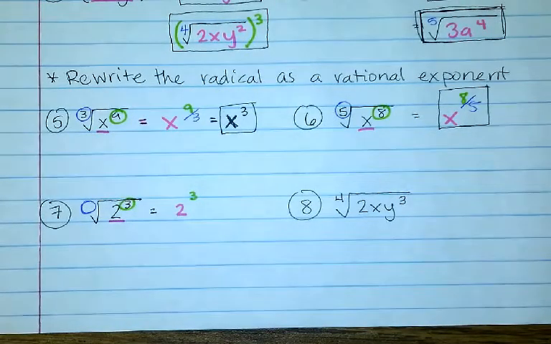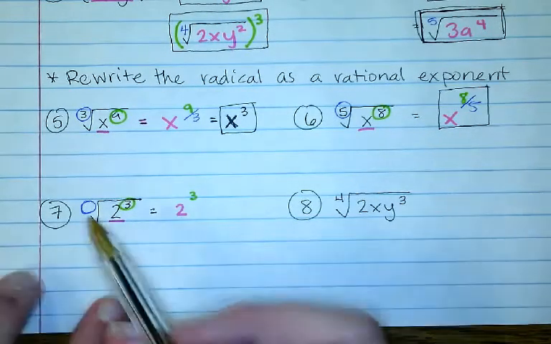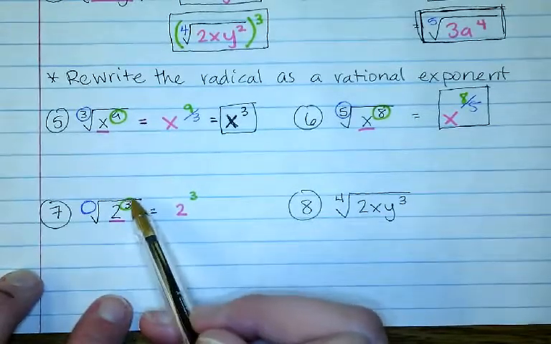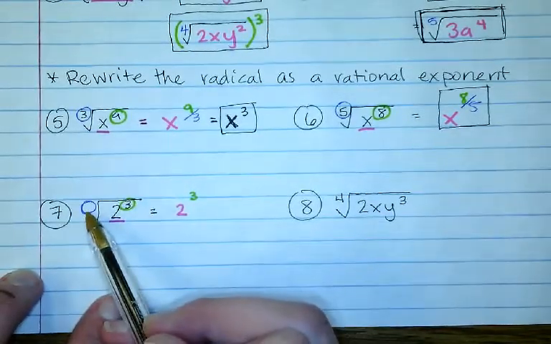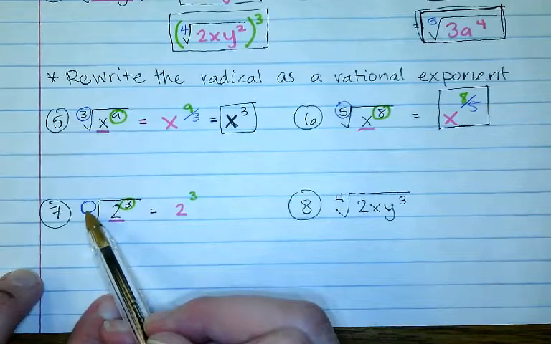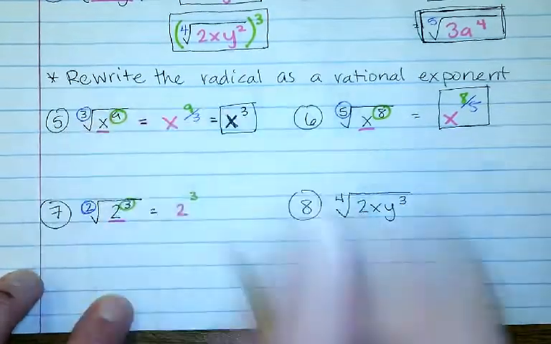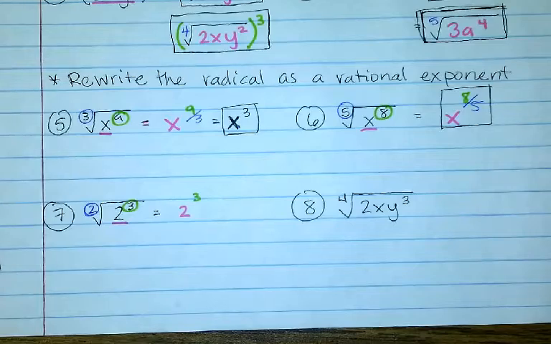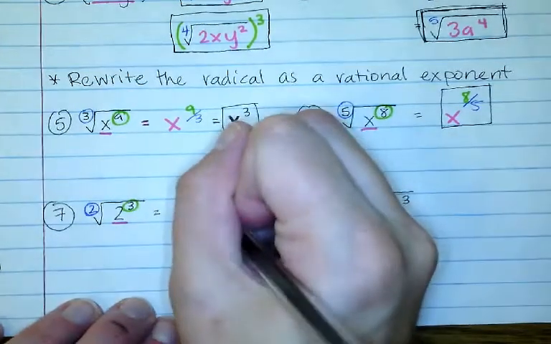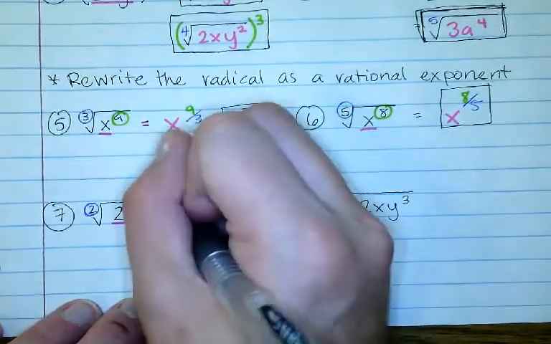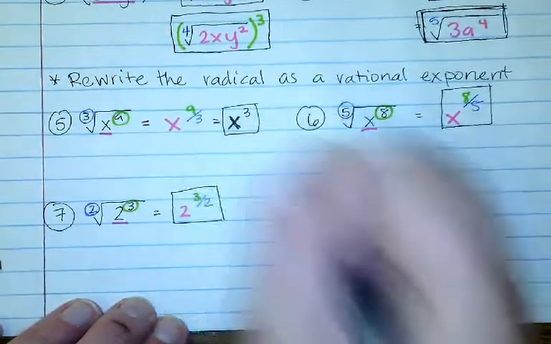So what do you think this understood number is going to be right here? It's actually going to be a 2. Because if there is no number on the outside of a square root, it is understood to be a 2. I think this is one of the only times that the understood number is a 2 instead of a 1.